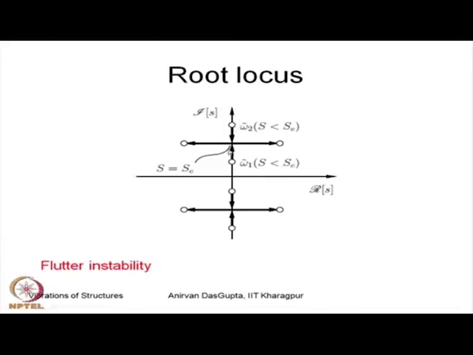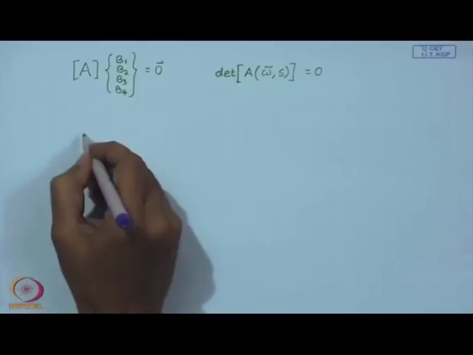As the load is increased, these two come together and coalesce at the critical value of the load, and then they have real parts as well. So, this branch where this root has a positive real part, similarly this root has a positive real part.